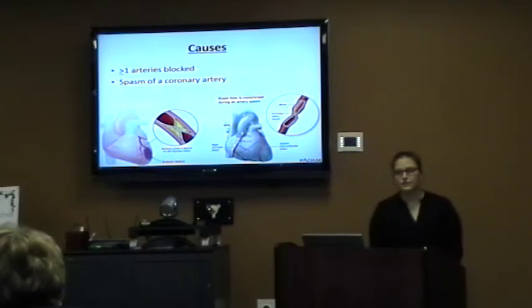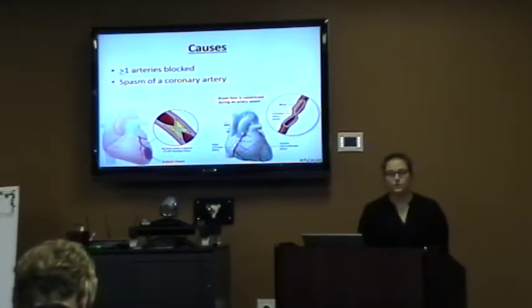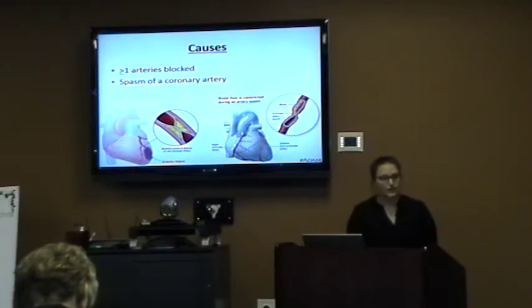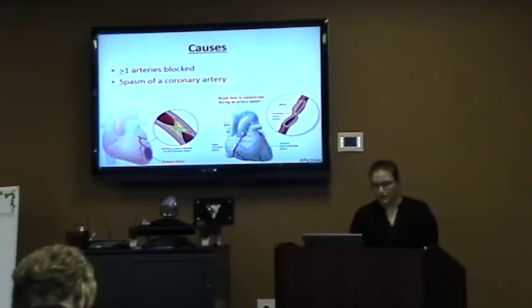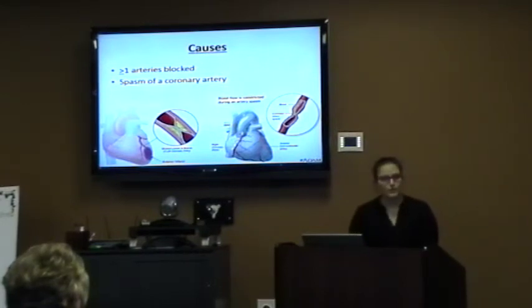The causes of a heart attack are having one or more arteries blocked or a spasm of a coronary artery. The coronary arteries carry blood containing oxygen and other nutrients essential to the normal functioning of the heart. Partial occlusion or blockage occurs because of the gradual buildup of plaque rich in cholesterol.